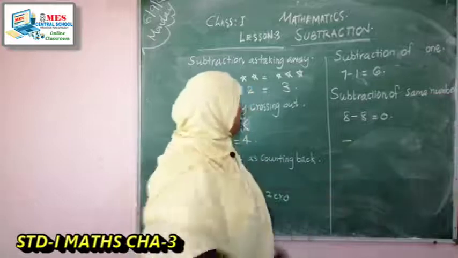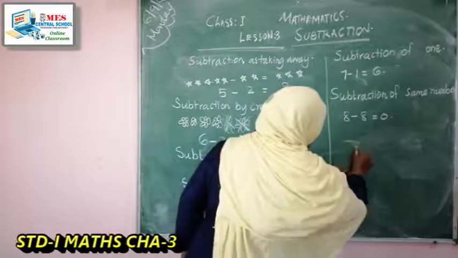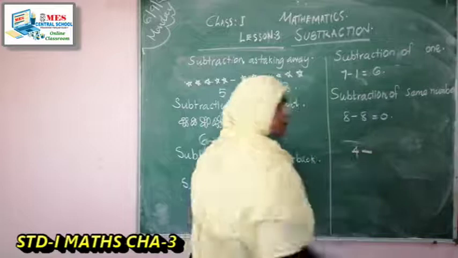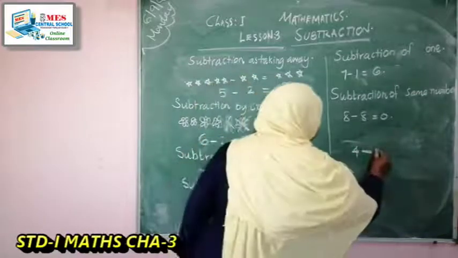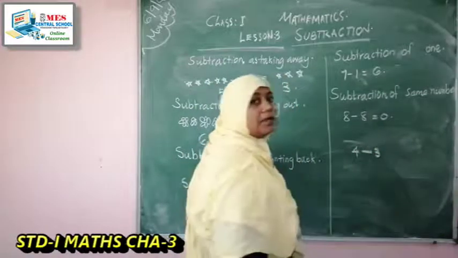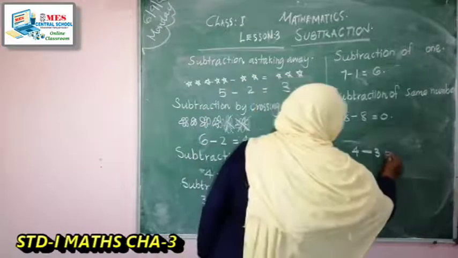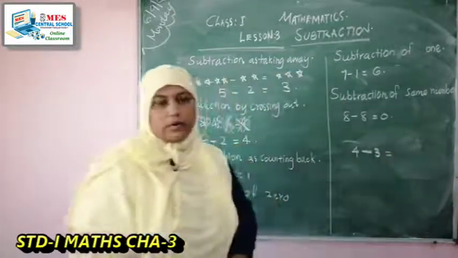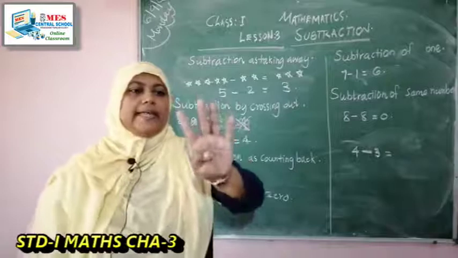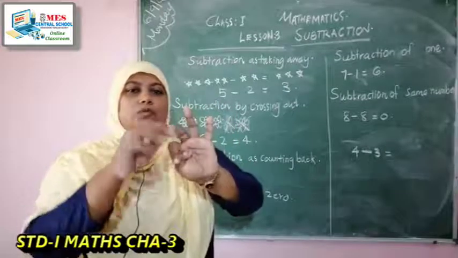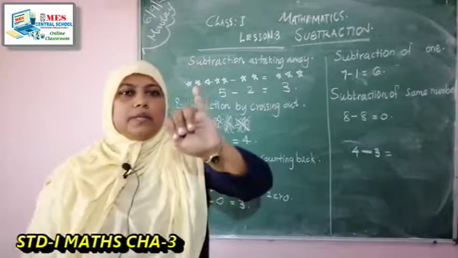For example, 4 minus 3. 4 minus 3 remains how many? Take 4, take away 1, 2, 3. What is remaining? 1.